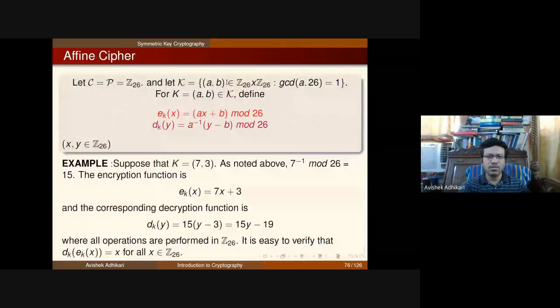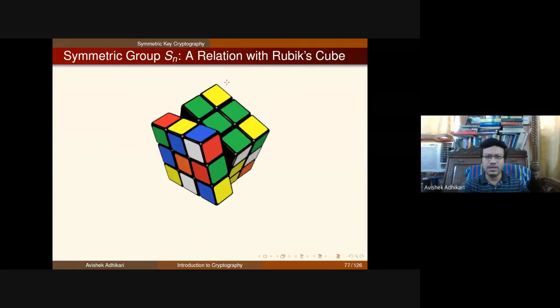Then we talked about a scheme called the affine cipher, which has a key space quite significantly larger than the shift cipher or Caesar cipher. For example, in case of a Caesar cipher, the size of the key space was 26, whereas in affine cipher, the size of the key space was 312, that we have already seen.